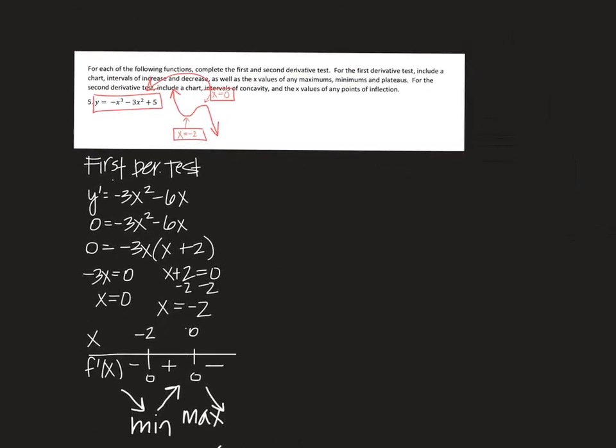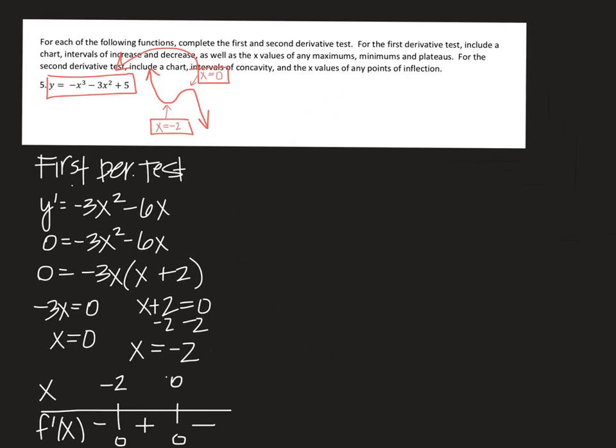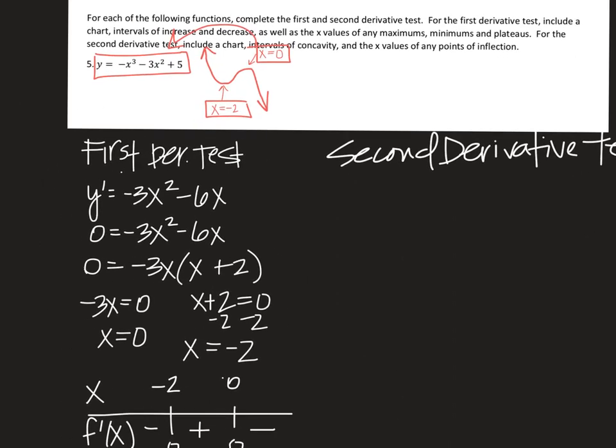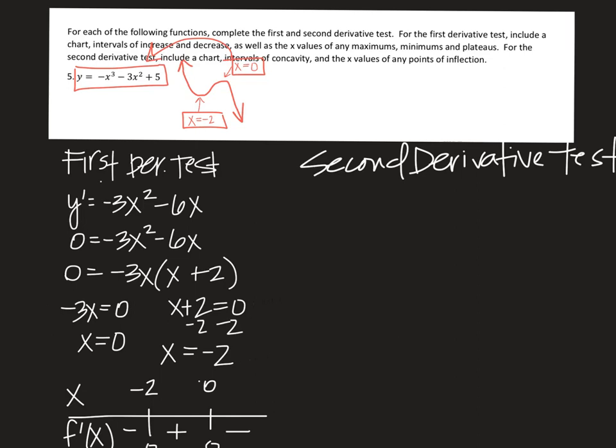So now let's talk about the second derivative test. For the second derivative test, we need the second derivative. So I'm looking back at my first derivative, and I'm going to go one step further. The derivative of -3x squared will give me -6x, and the derivative of -6x is just -6.